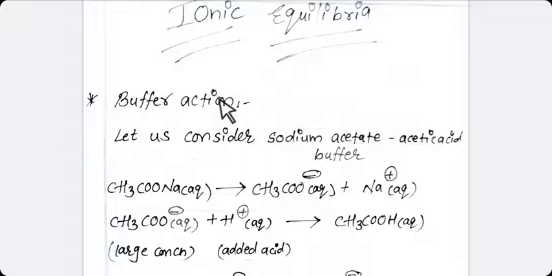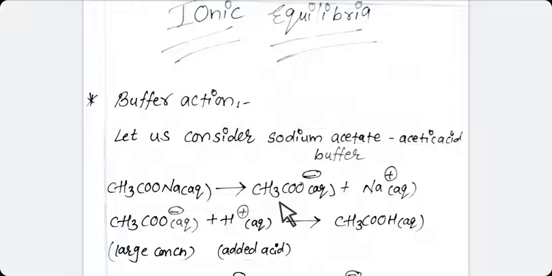So students, here sodium acetate is a strong electrolyte which dissociates completely in water and produces a large concentration of acetate ion, as you have seen in this reaction.